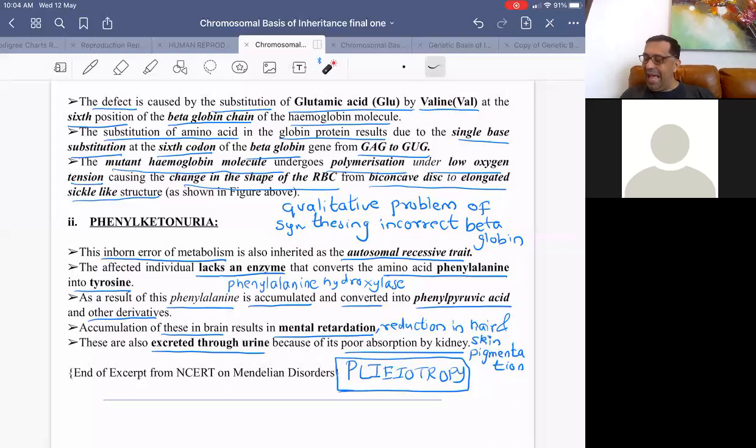And then we have phenylketonuria, which is an inborn error of metabolism, inherited as an autosomal recessive trait. This is also an autosomal recessive trait. And what happens in this?